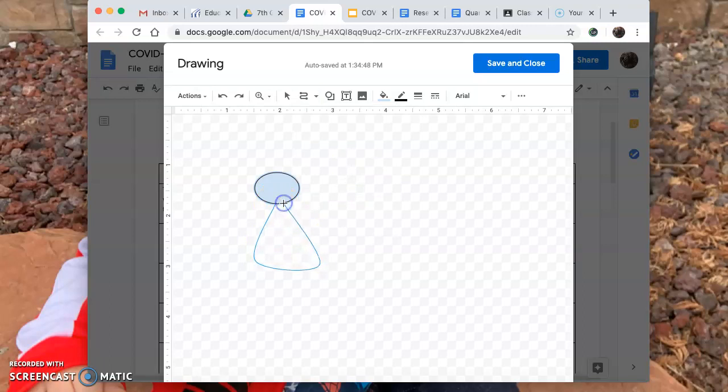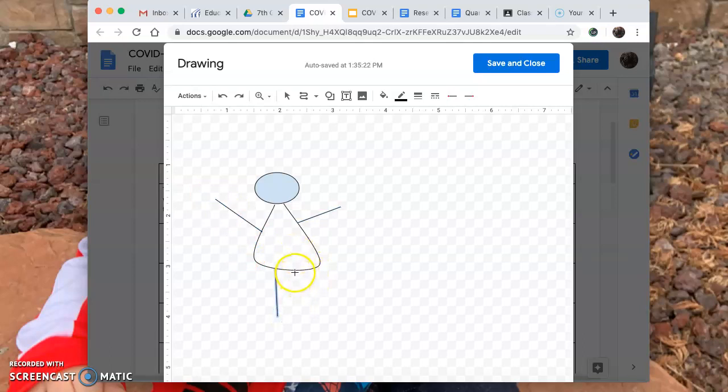Ooh, that's fun. I'm figuring this out with you guys. Cool. So there's that. And she's walking her dog. And so that's her arm. We'll just keep it there. Oh man, I am terrible. Okay, that's her other arm. Alright, and her legs.